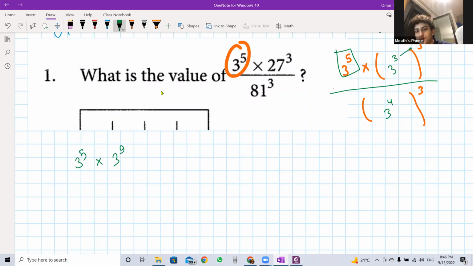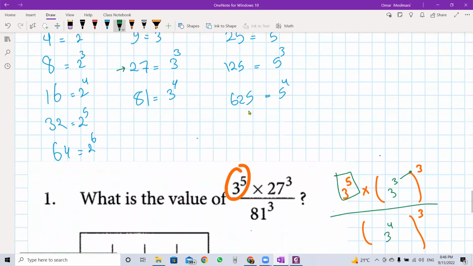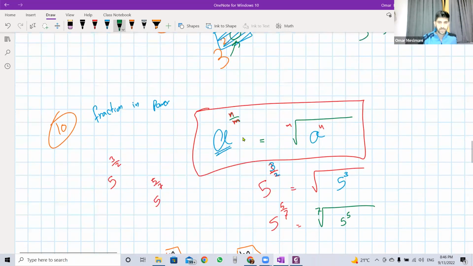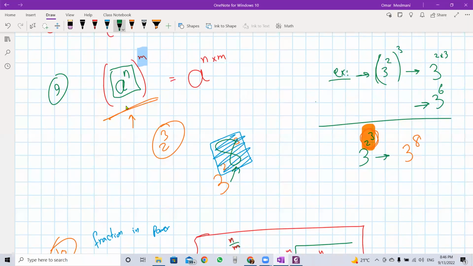We don't have bases here, we have power of power. Look, this one is rule number 9. It's power of power, so we multiply. Don't forget it, okay?